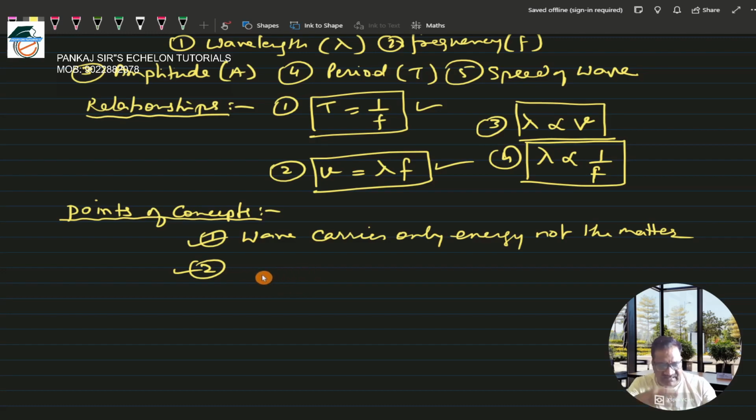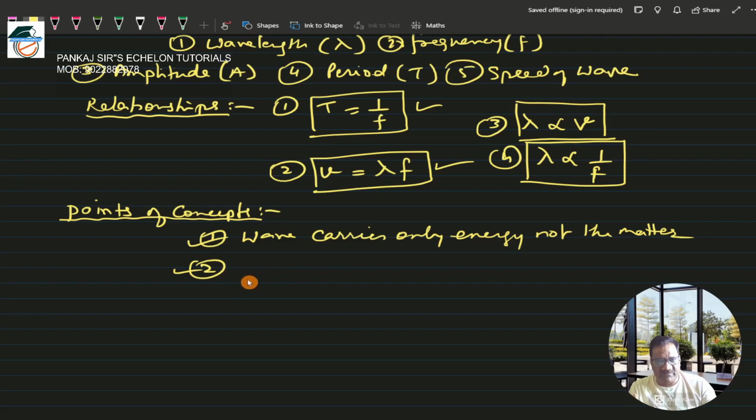To demonstrate that, when I say the medium is changing from rarer to denser medium, that means the material is changing. Different materials you can call different media. So when the medium is changing, it means the material is changing.